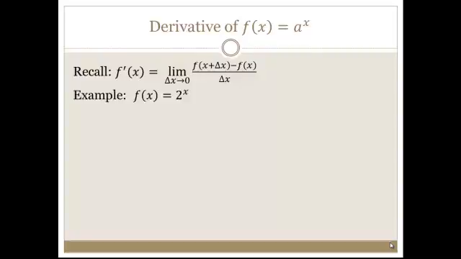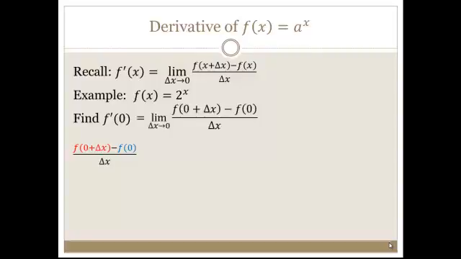Applying this to our example, f of x equals 2 to the x, we find approximations for f prime of 0 by computing f of 0 plus delta x minus f of 0 all over delta x. And then to get the exact value of f prime of 0, we need to take the limit as delta x goes to 0.